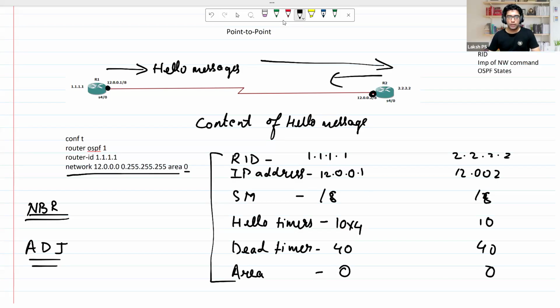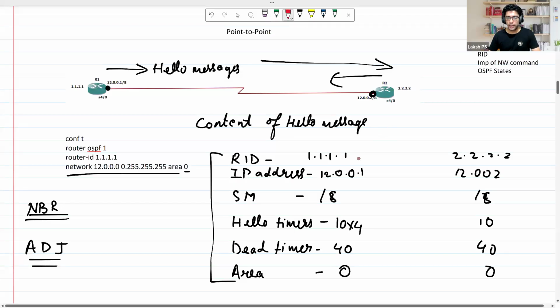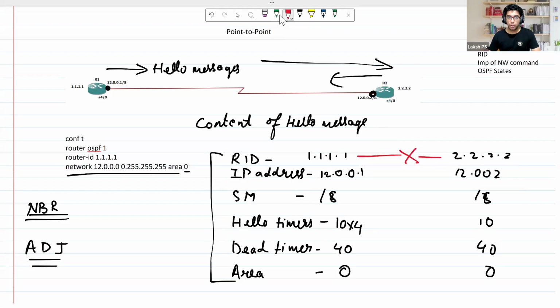The router ID should not be the same. The IP address cannot be the same, obviously. The subnet mask should be the same. The hello timers should be the same. The dead timers should be the same.